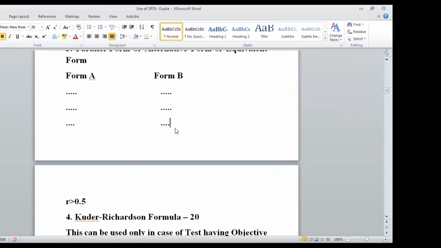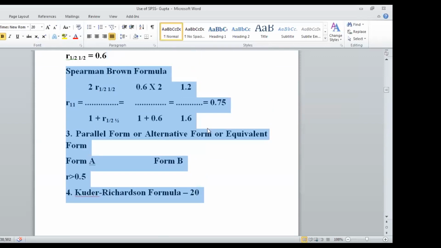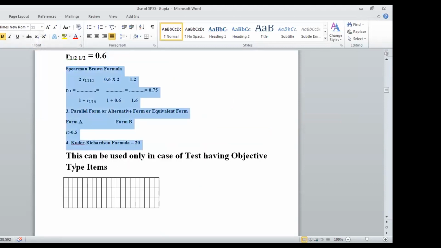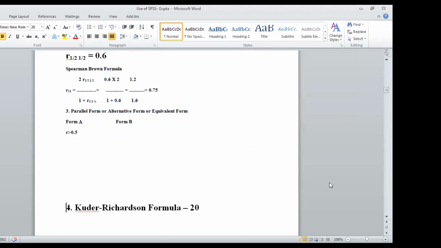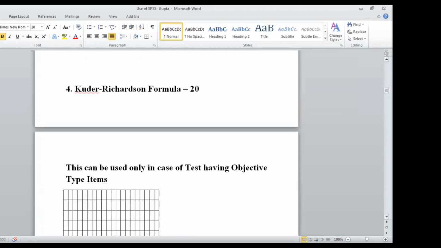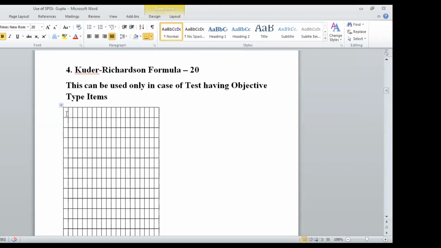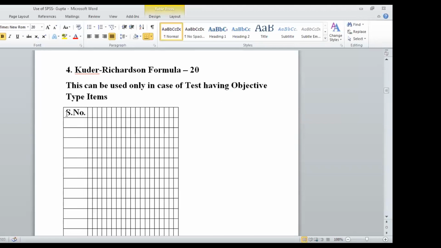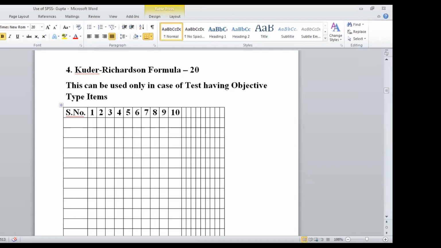Let me just try to make some space. So you have here the serial number, and you have your item 1, 2, 3, 4, 5, 6, 7, 8, 9, 10, 11.